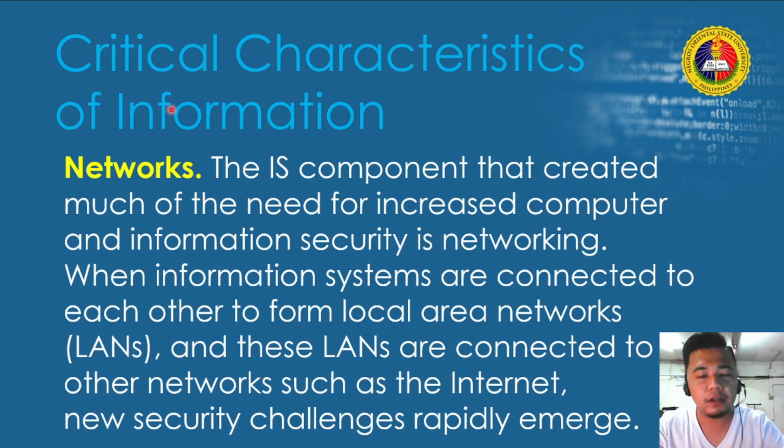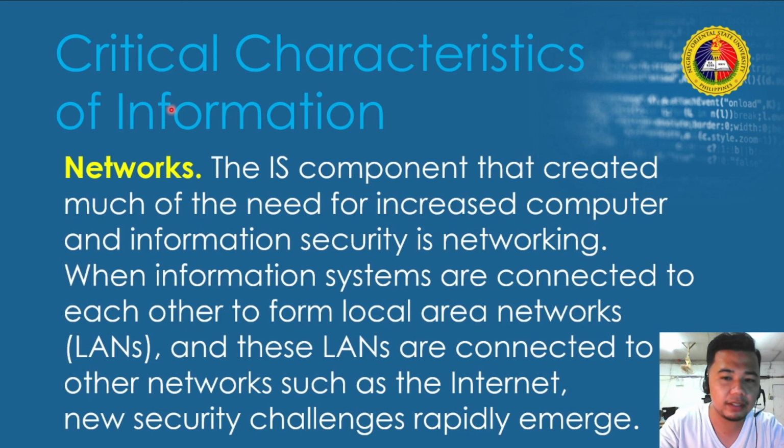Anyway, connecting the system to the entire local area network of the university or the campus alone presents a threat for the system. How much more if we're going to connect it to the internet? So that's why the enrollment system is not connected to the internet.